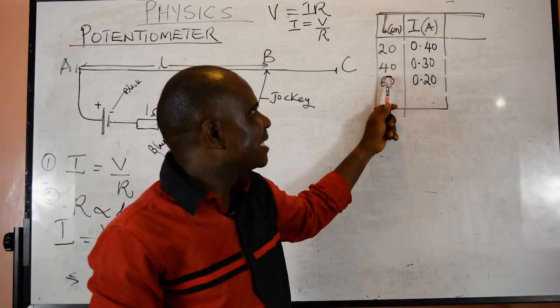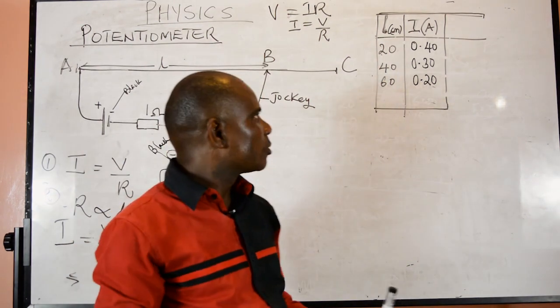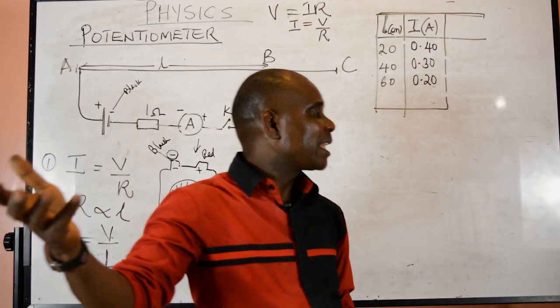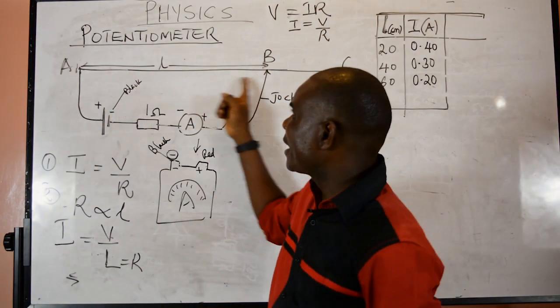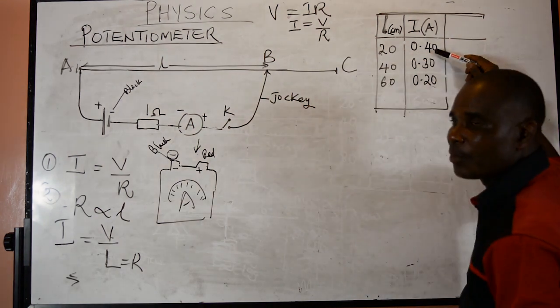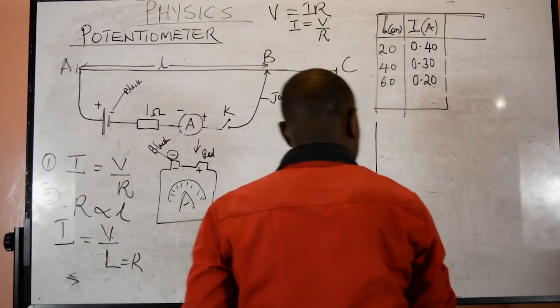Since I'm increasing the length, the resistance is also going to increase, because the resistance is directly proportional to that length. So the length of the constantan wire here, as it is increasing, that's how the current is dropping. Now if you look at the relationship, let me plot this.